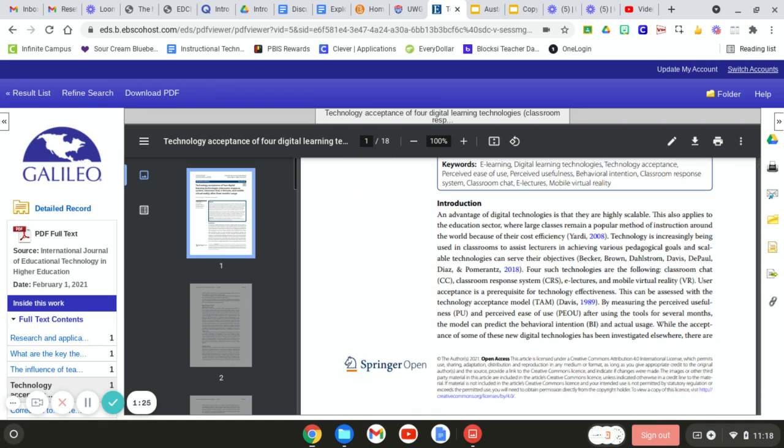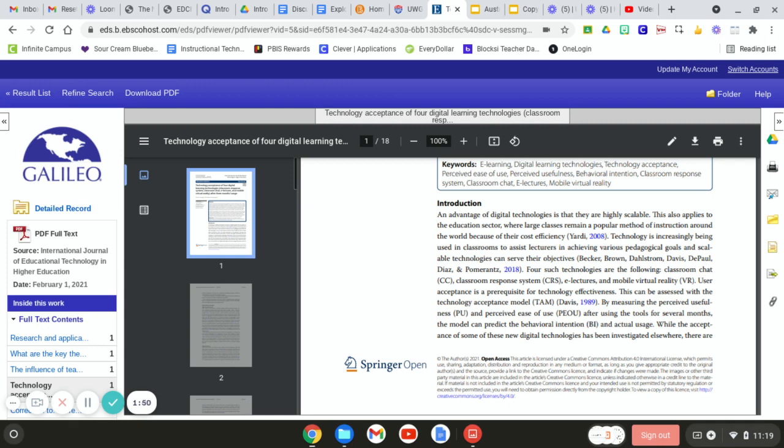And I've just pulled up a research article here about integrating technology into the classroom, just for the purpose of showing you what is in the research article. So you want to read the introduction first because it tells you about the research article. And while you're reading that introduction, you want to say, what is the big question that this article is trying to answer?